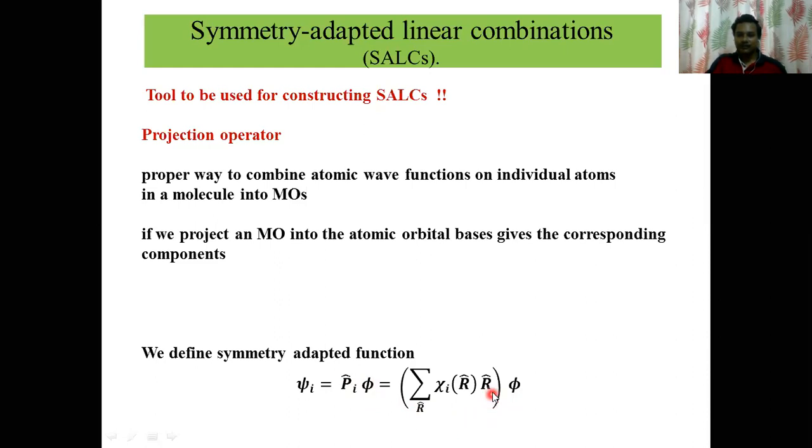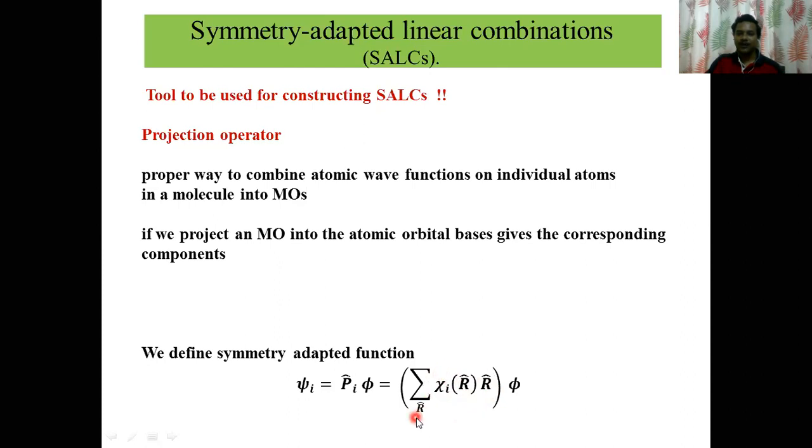Now the projection operator does like this. So first we need to perform all the operations on the wave function, the atomic function. Then we need to multiply by the character of the ith irreducible representation, right? So if I go for the water molecule and take A1, then these characters are all going to be 1 for each operation.